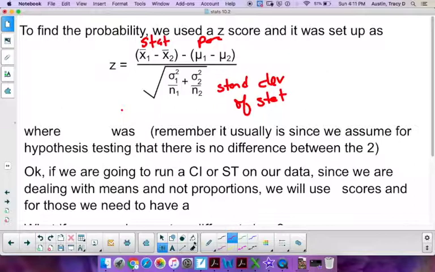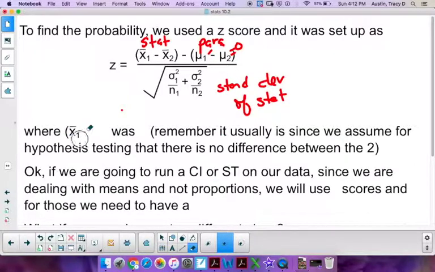And if we're doing a ho-ha test, right, 99% of the time what they're going to tell us is that the difference between them is 0. Right? So it's just going to be your sample minus 0, over the standard deviation. So this is normally equal to 0. Okay? So we're going to run a ho-ha on this.